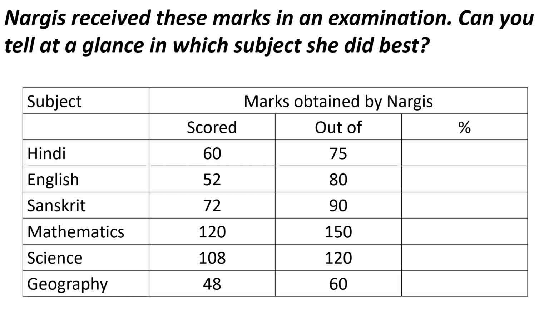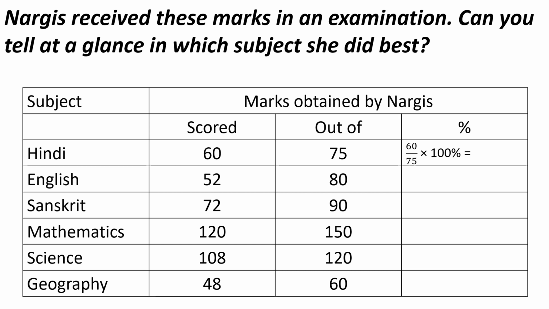In Hindi, she scored 60 out of 75. So how will we find the percentage? 60 divided by 75 multiplied by 100%, right? And we will solve this. It is very easy to solve. I have already told you that just use the table of 25 for 75 and 100 and we can solve it.